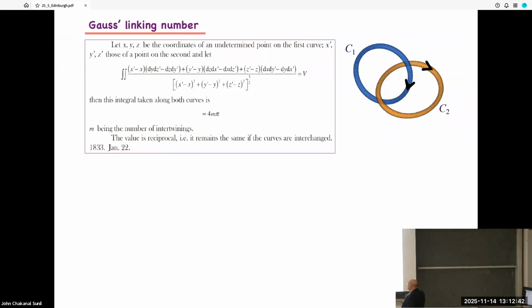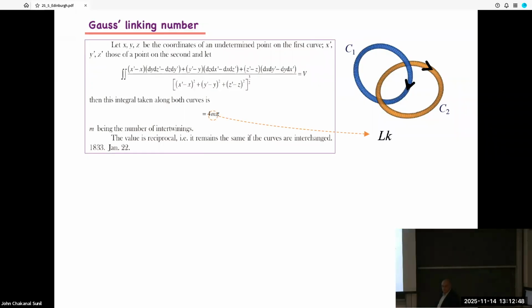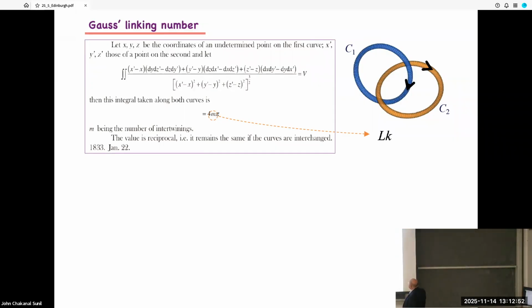Then it has this little m, which we recognize in modern times as the linking number of these curves. There is no point going through this integral, which is also a very interesting piece of history. For those of you who know Biot-Savart, you will recognize part of Biot-Savart in it, but I have no time.